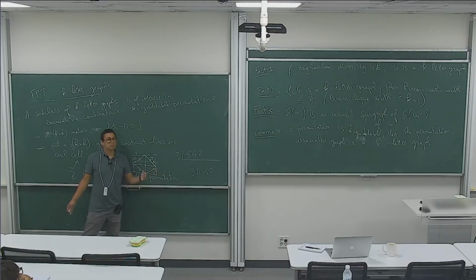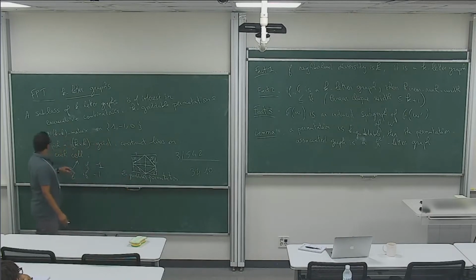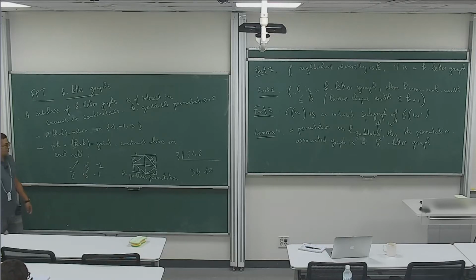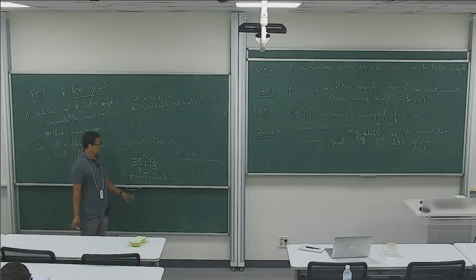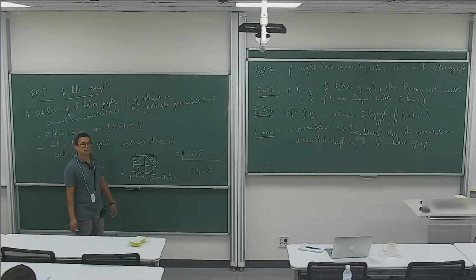You pick k-square blocks by partitioning the matrix into a grid, and inside each block you have to be either increasing or decreasing, depending on the sign. Yes, I see. If there is 0, I don't do anything. 0 is I don't care.